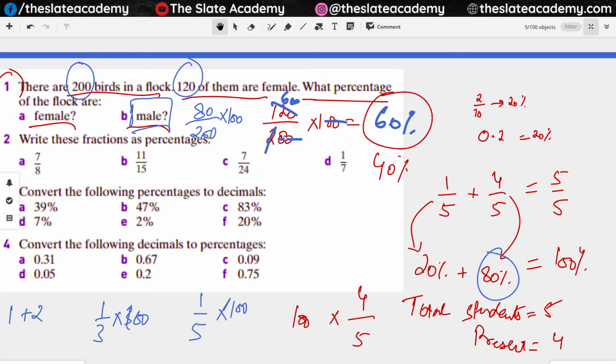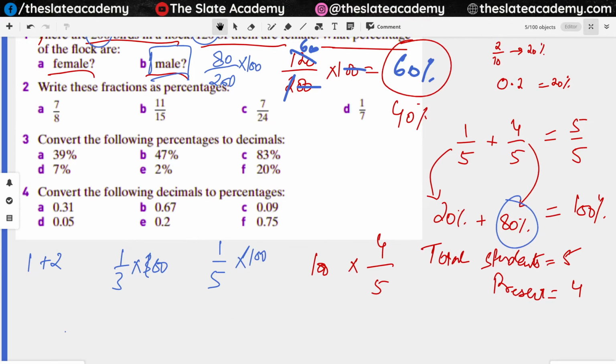And what's the percentage of boys in the family? Two is not the percentage, two is the number. It would be 2 out of 3 into 100. What is 2 out of 3 into 100?